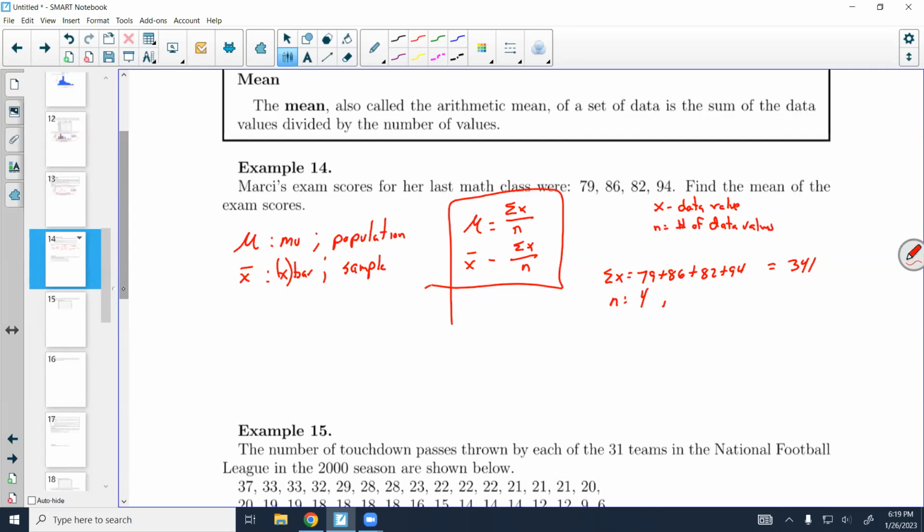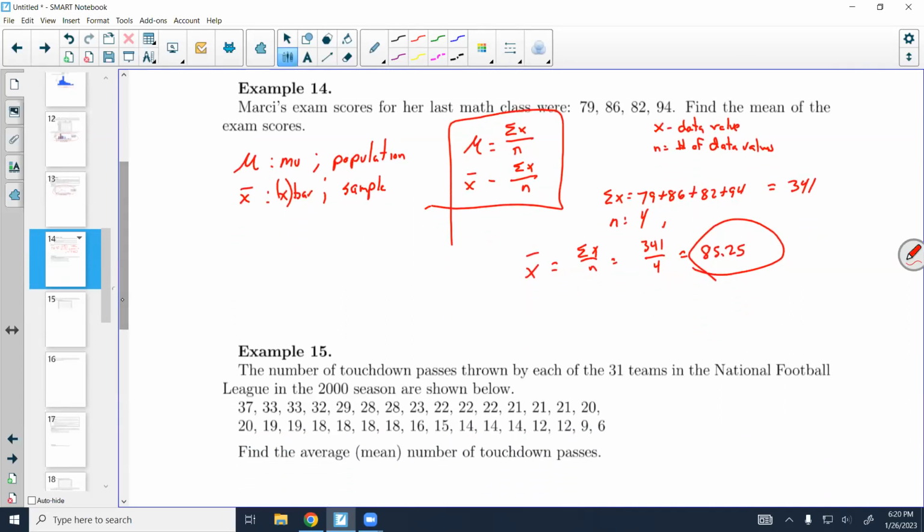So I'm guessing this is a sample, so we'll call it X bar, which is the sum of X over N, which is 341 divided by 4, 85.25. Please give me some decimal places, at least 1 or 2. Any questions on the mean, or how to calculate it?